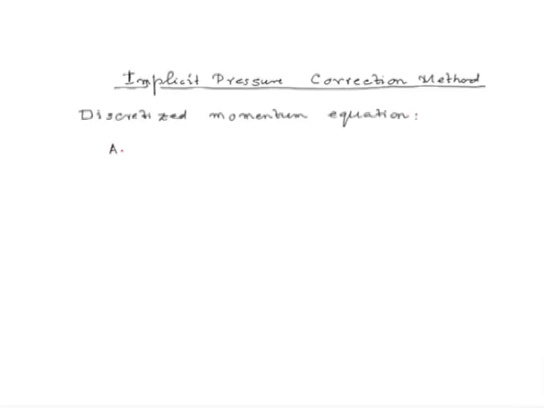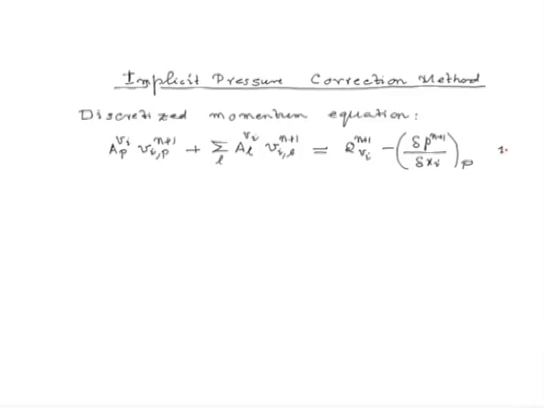So, we had A_P V_i^{n+1} plus sum over L of A_L V_{i,L}^{n+1} is equal to Q_{V_i}^{n+1} minus the pressure gradient, delta P^{n+1} over delta x_i, at the computational node P. Let us call this equation 1.